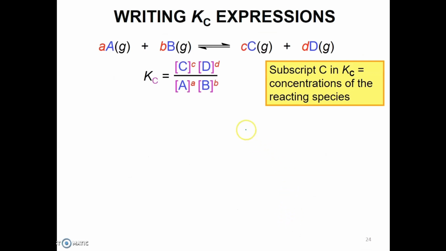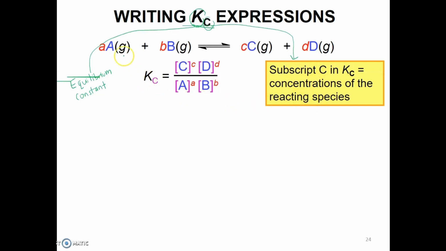Now we focus on writing the Kc expression. Okay, so the letter K represent equilibrium constant, while the subscript C in the Kc expression represent the concentrations of the reacting species.